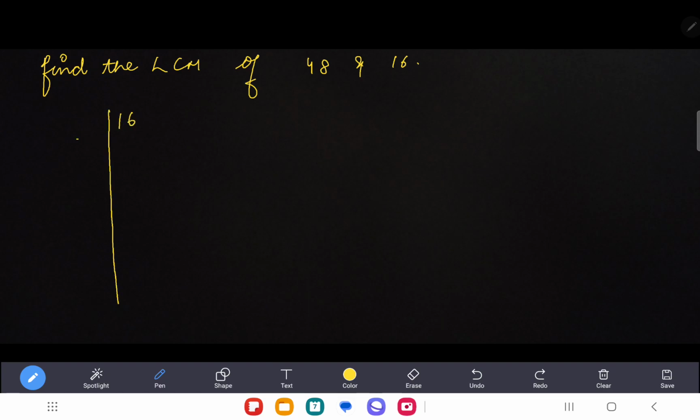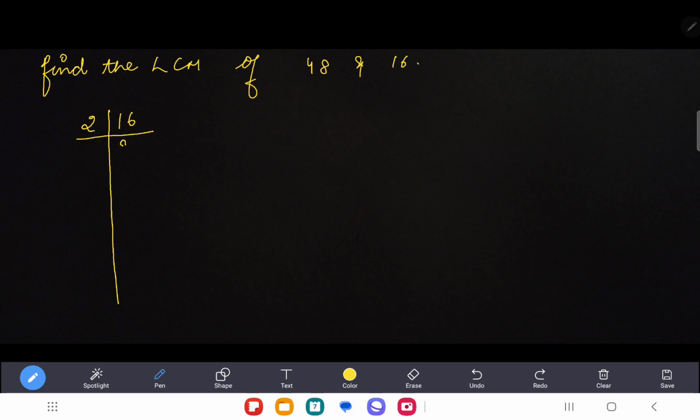Now, if the question says find the LCM of 96 and 16, that's the question now. Or 48 and 16. So how would you do that, Adam? You will write down 16 and do the same prime factorization.